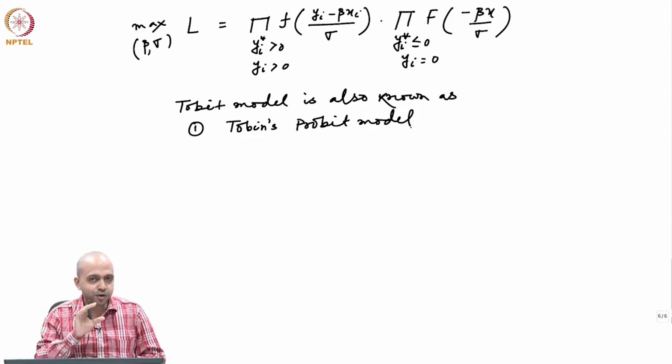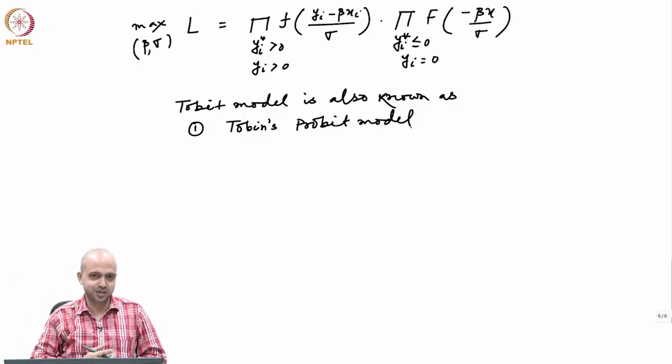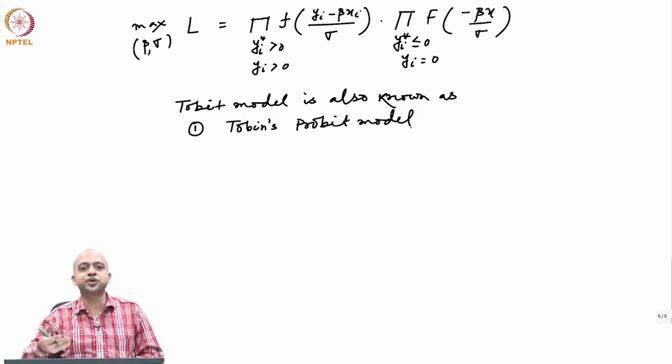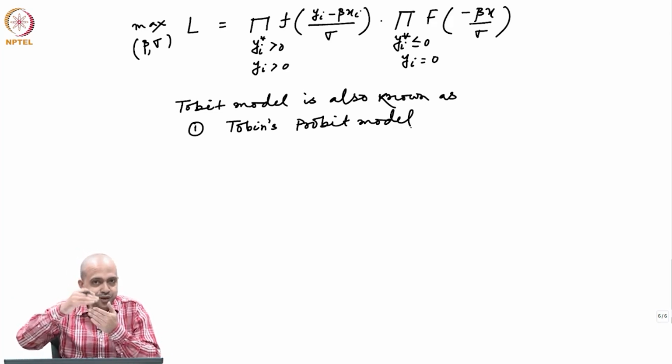Why is this so? If you think closely, to observe the positive expenditure for automobile, that household or individual firstly has to decide that yes, I will buy a car, and then the next question is how much will you spend. If you don't decide to buy the car, I am not able to observe your automobile expenditure. That means you can think of the Tobit model in terms of two different steps.